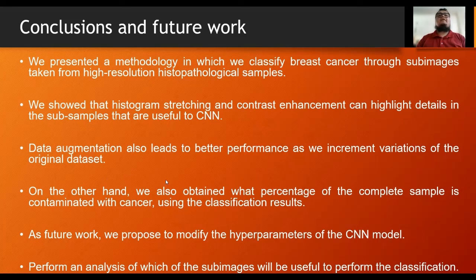On the other hand, we also obtained what percentage of the complete sample is contaminated with cancer using the classification results. As future work, we propose to modify the hyperparameters of the CNN model and perform an analysis of which of the sub-images will be useful to perform the classification.